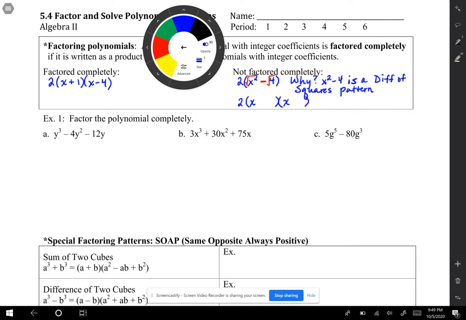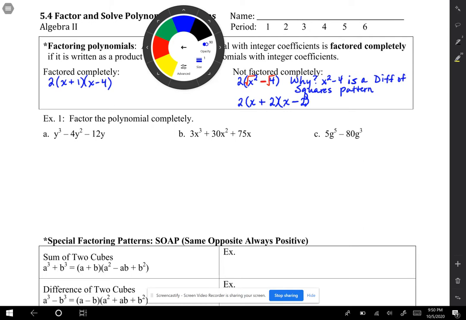And the second number is going to be the square root of 4, which is 2 and 2. But because it's a difference, a positive number times a negative number will give you that negative 4 in that case. So one's a plus and one's a minus. And that is factored completely now.